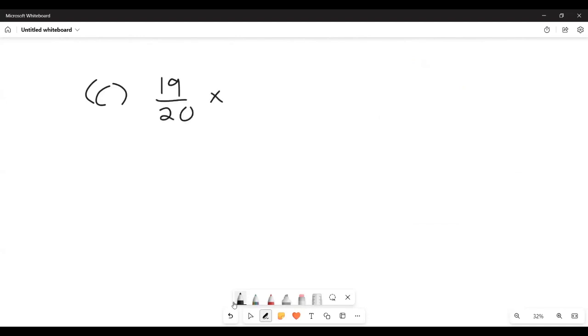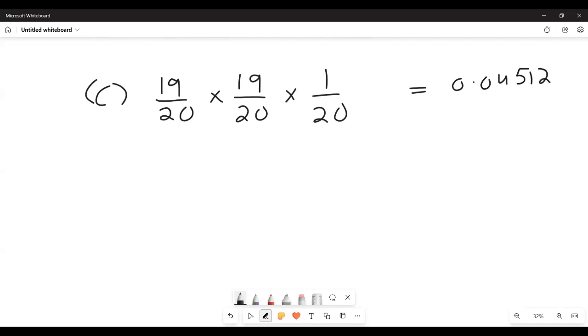Buys the second chocolate, does not get the card, 19/20. Buys the third chocolate and gets the card, 1/20. You stop here. And whatever is the result is the answer. So मेरे पास लिखा हुआ है 0.0545125. That would be the answer.